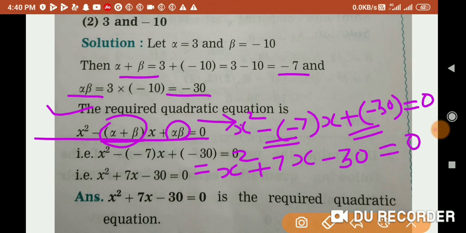That means the required quadratic equation is x² + 7x − 30 = 0.